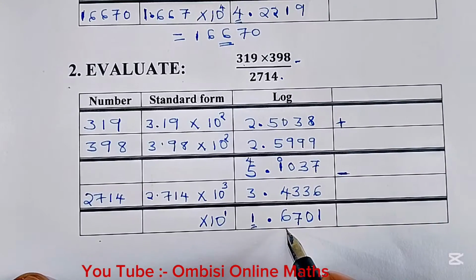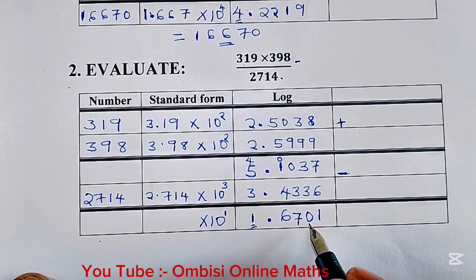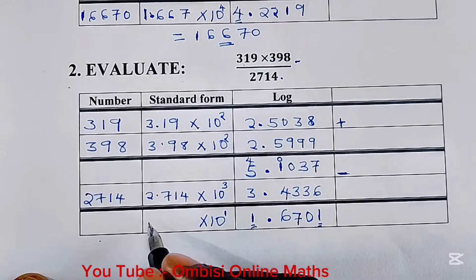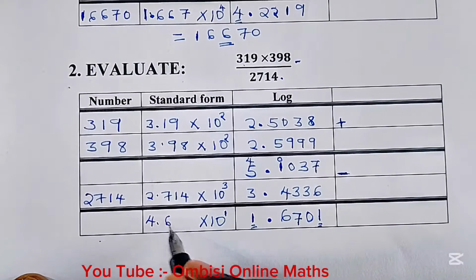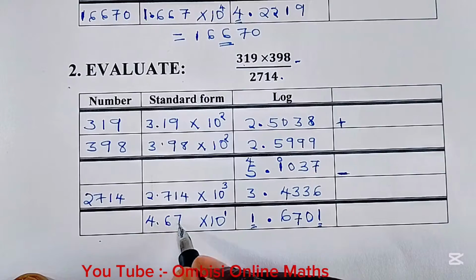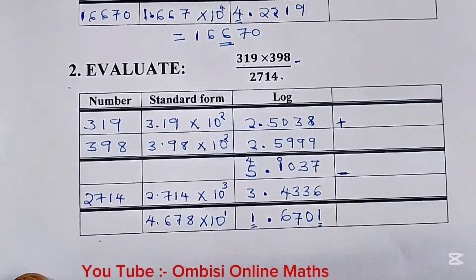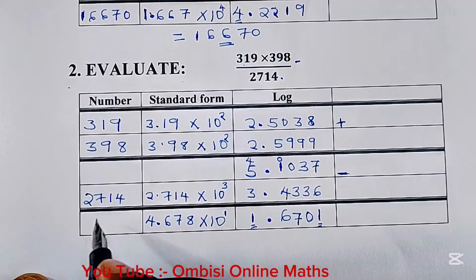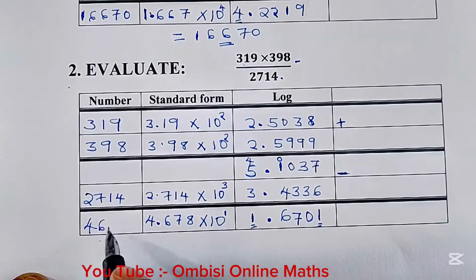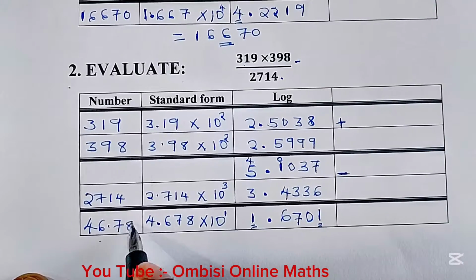Then you look for the antilog of 67 in the column of 0, then add what is in the column of 1. In this particular case, it becomes 4.678. So 4.678 multiplied by 10 raised to 1, the decimal point moves ahead one step, and it becomes 46.78.